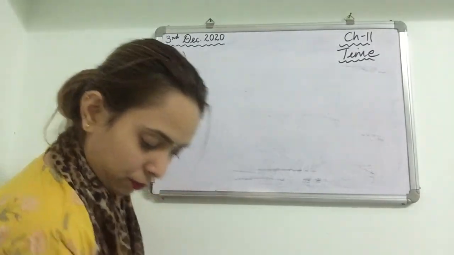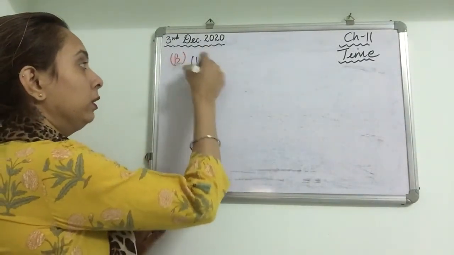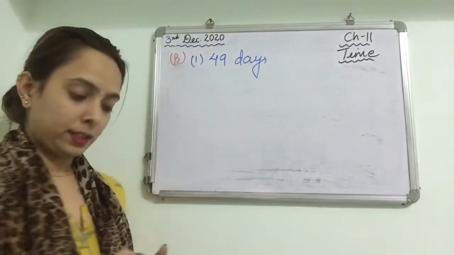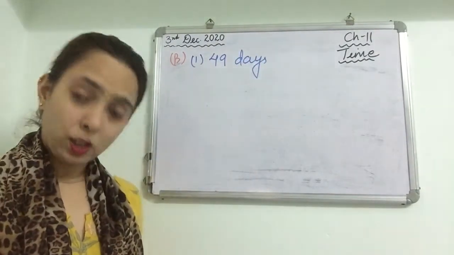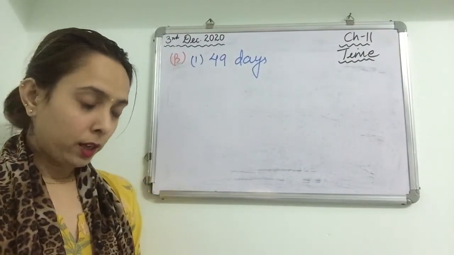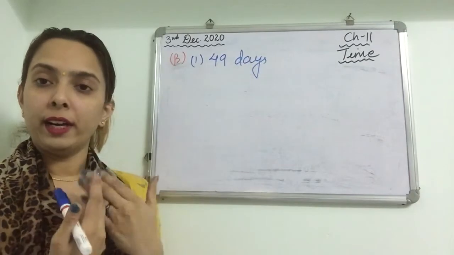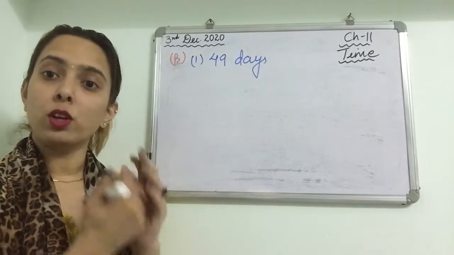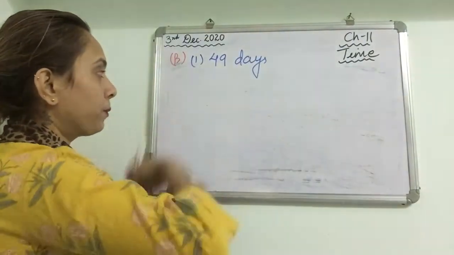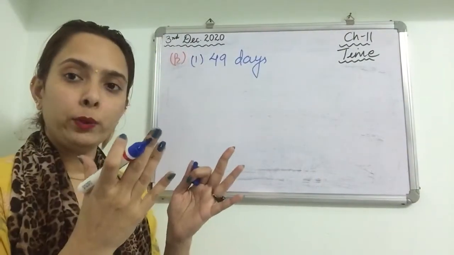So let's take the first 49 days. 49 days. You have to convert it into weeks and days. So here it is already in days. So we have to convert it into weeks.